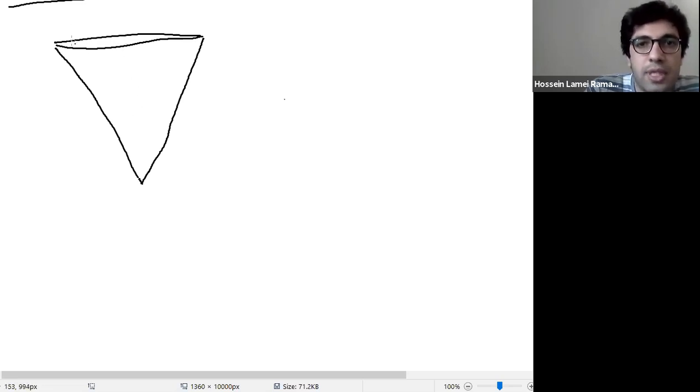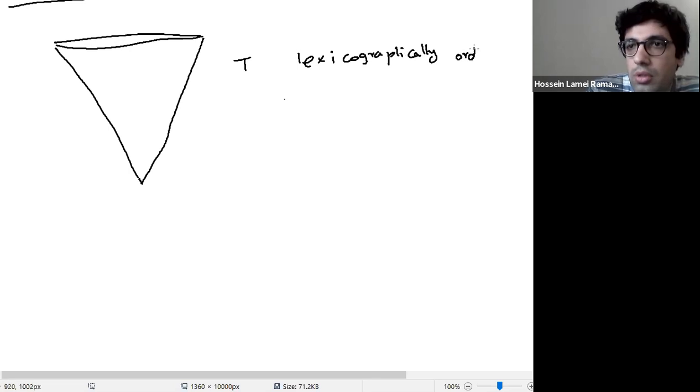This is the tree, it's lexicographically ordered, and B_T refers to the set of the branches.